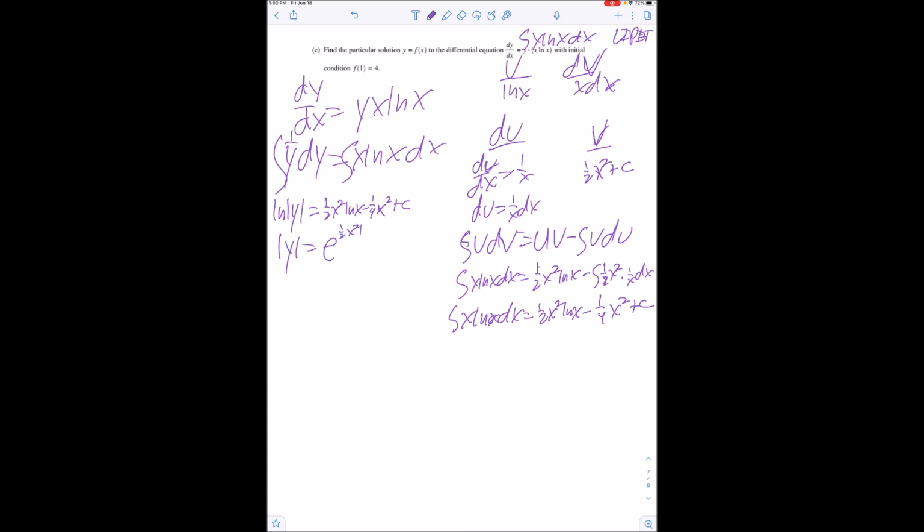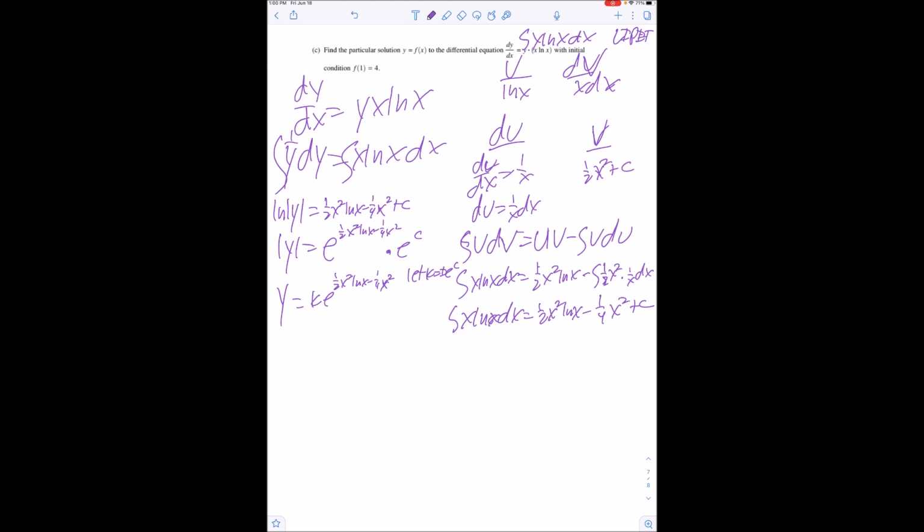So absolute value of y equals e to the 1/2 x squared ln x minus 1/4 x squared times e to the c. We can keep the 1/2 x squared ln x minus 1/4 x squared together, as it would otherwise complicate things. So then let k equal plus or minus e to the c. That allows us to drop the absolute value. So y equals k e to the 1/2 x squared ln x minus 1/4 x squared.